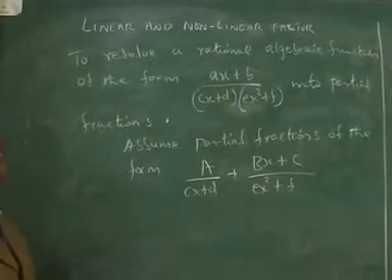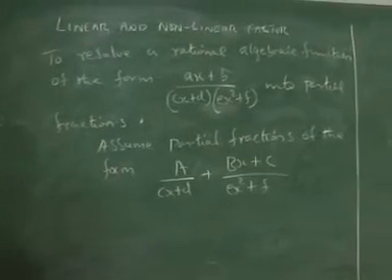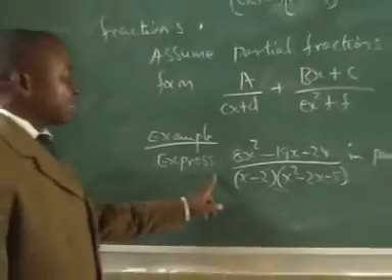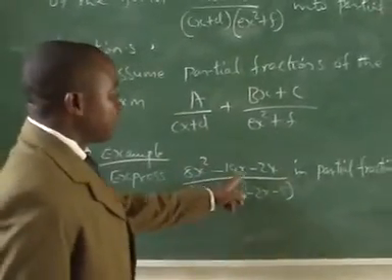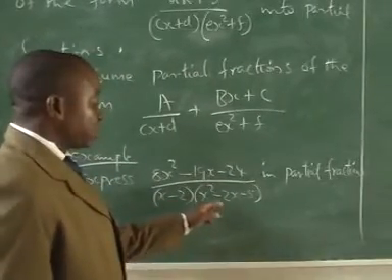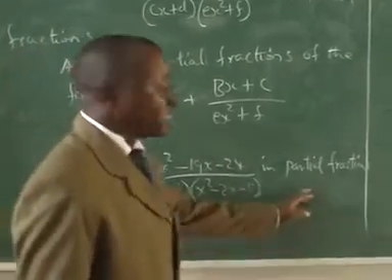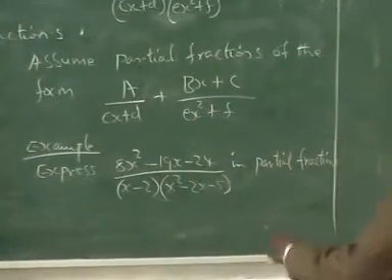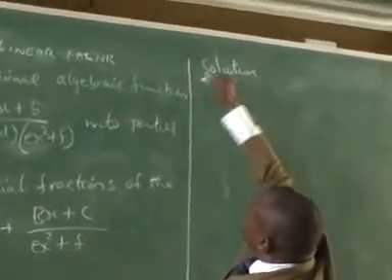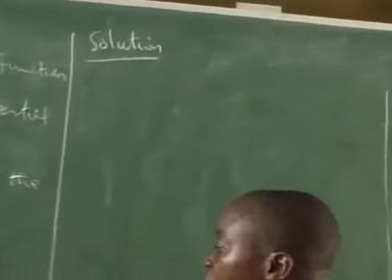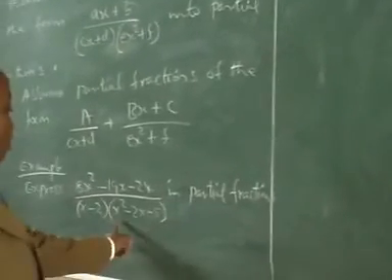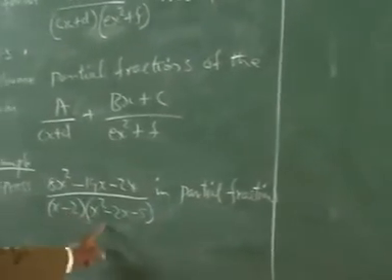Now, let's take an example of this. Express 8x squared minus 19x minus 24 all over x minus 2 times x squared minus 2x minus 5 in partial fractions. Now, we take the solution. We have seen that the denominator here is one linear, one quadratic. So this one is non-linear, while this one is linear.